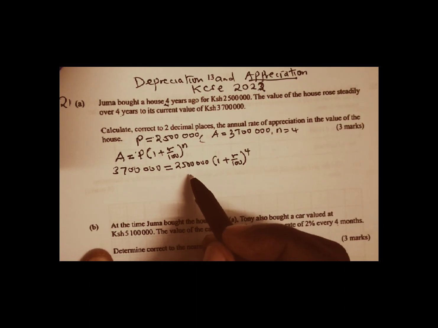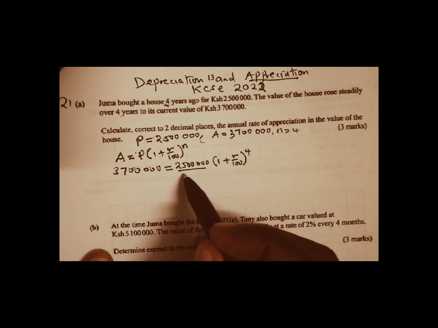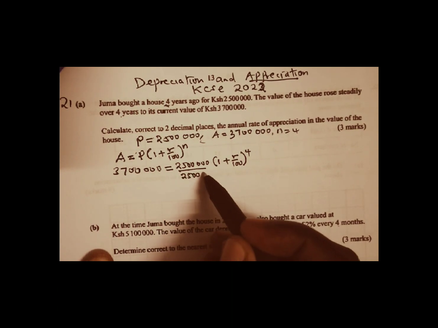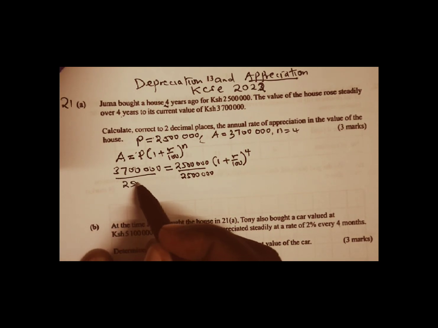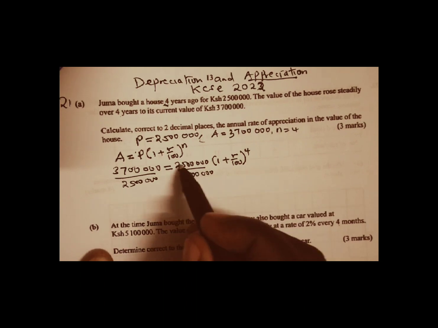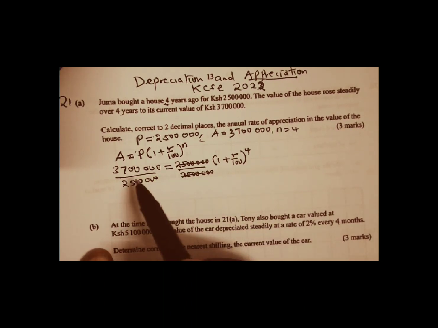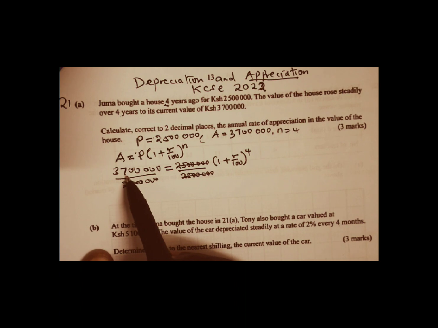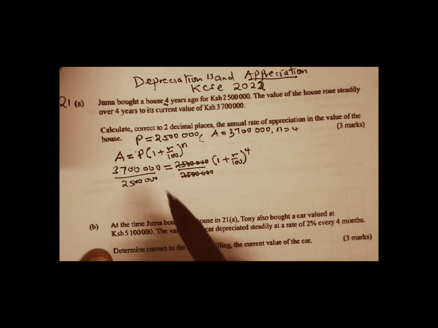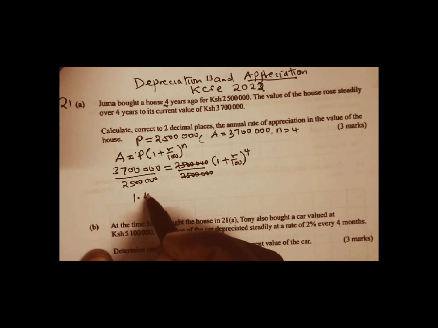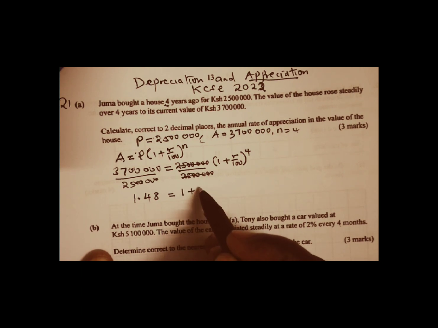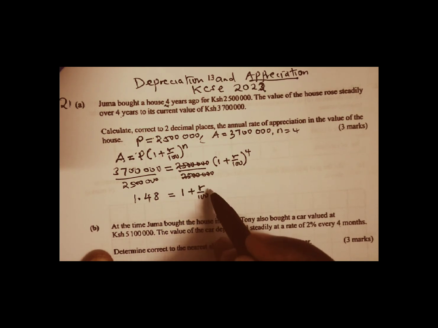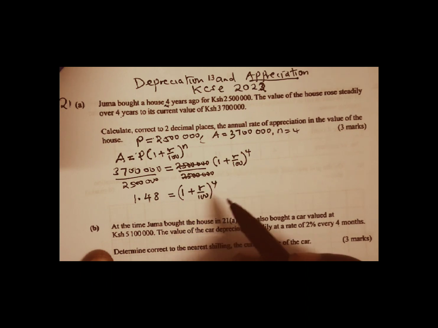We are going to continue and divide both sides by 2,500,000. This and this cancel, such that 3,700,000 divided by 2,500,000 will give us 1.48, and this will be equal to 1 plus r over 100, everything raised to 4.